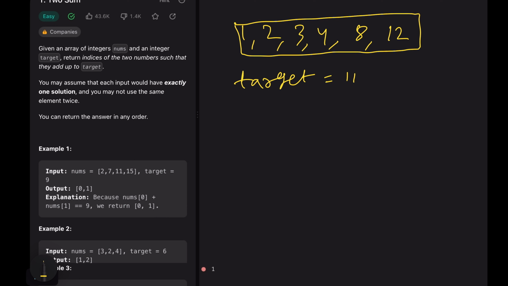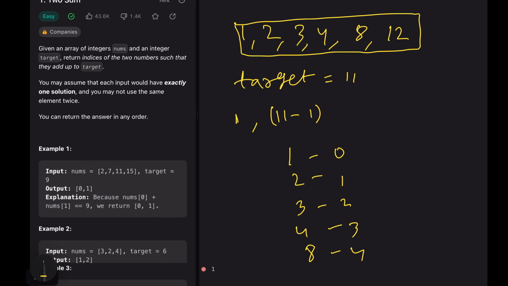We can store the indices of each number in a hash map. We can traverse the whole array and store the values and indices, like 1 at 0, 2 at 1, 3 at 2, 4 at 3, and so on.